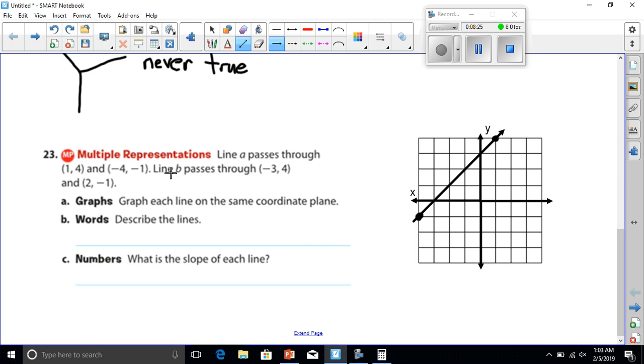The second one says line B passes through -3 and 4. Well, 1, 2, 3, and 4. That would be here. And 2 and -1. Well, it says 2, that's 1, 2, and -1 would be here. So we'll mark that here, and we'll put our next line there.